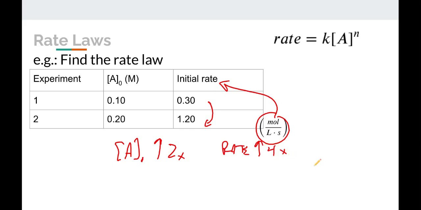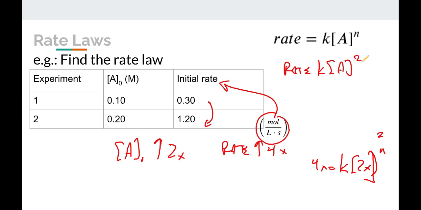So 4 times increase equals K times 2 times increase raised to what power? So this is a kind of a shortcut. 2 raised to what gives me 4? 2. So that means that this is second order. So the rate law here would be rate equals K[A] to the 2 power.